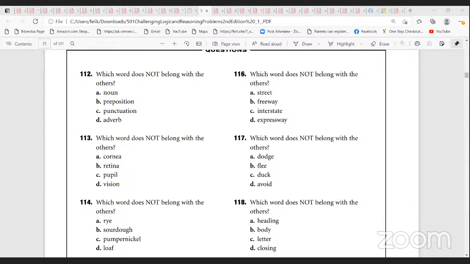A street is a low-speed road. Okay, so back to it now. So 116, the answer is B.